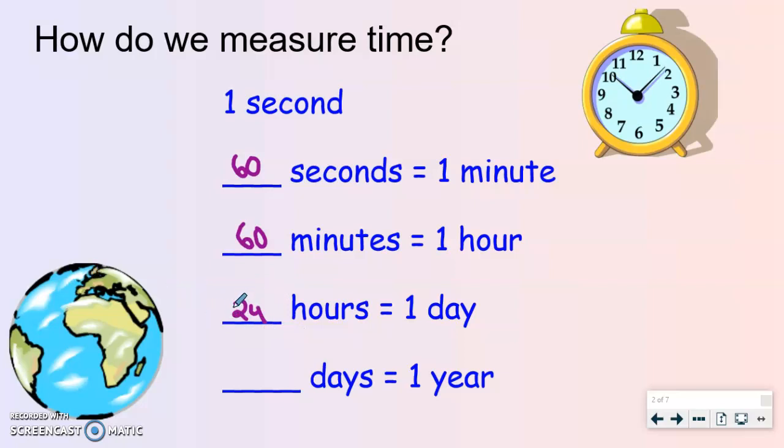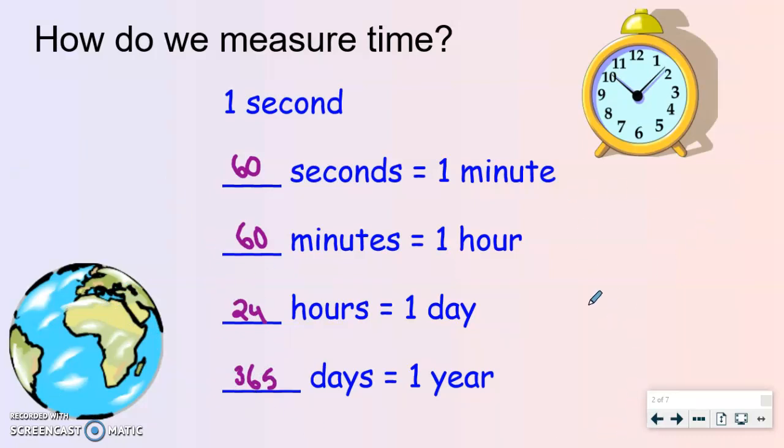It takes 24 hours for the Earth to complete one full rotation. And then how many days are in a year? Right, on a normal non-leap year, there's 365. And remember, that's just how long it takes the Earth to completely go around the sun one time. So a bit of math and science overlapping here.